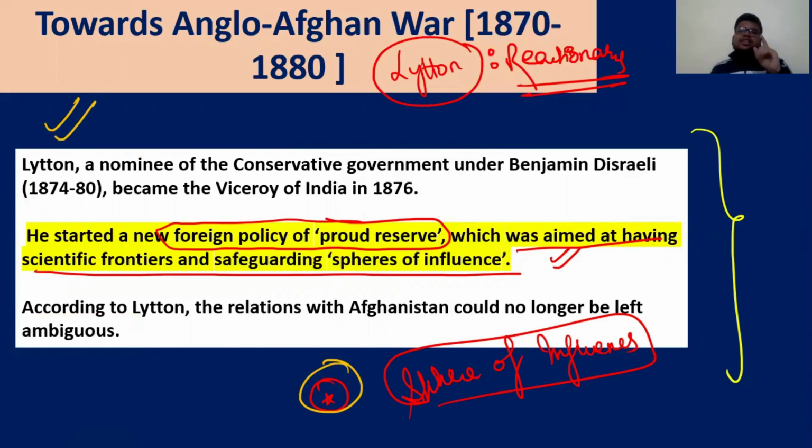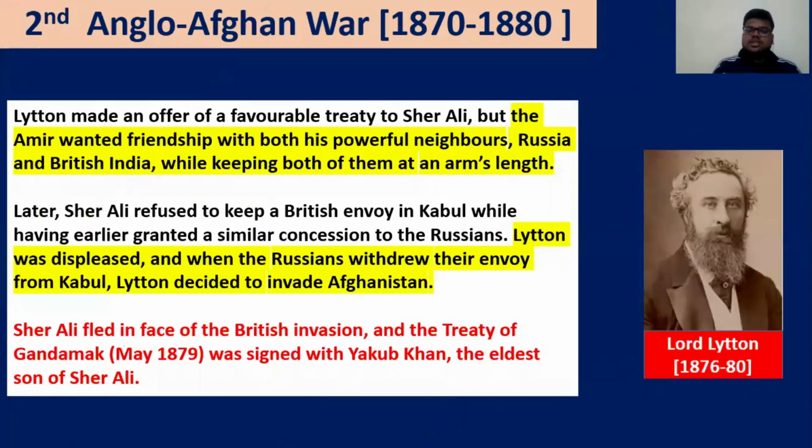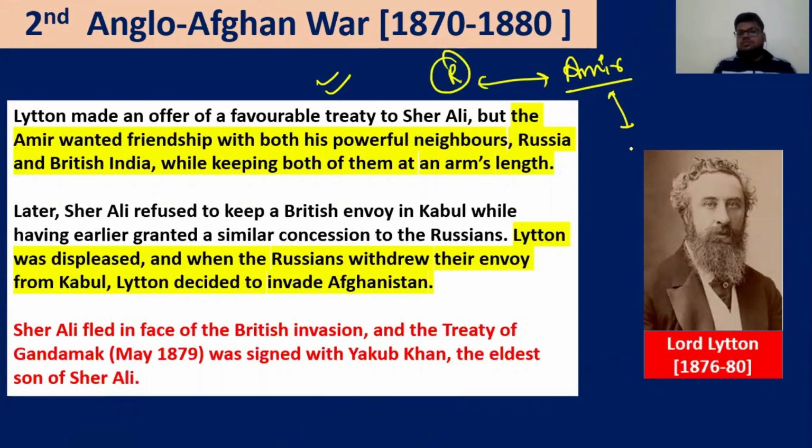And he said that this ambiguous policy of masterly inactivity is not good. We should not make it ambiguous. Rather, we should have a concrete focus on our Afghan policy. So Lytton said, okay, let us make some favorable treaty with Sher Ali. But the Amir said that I want to maintain an arm's length distance between both, the Russians and the British.